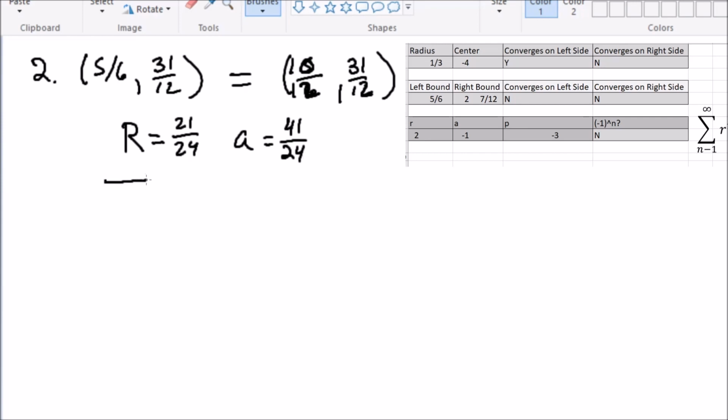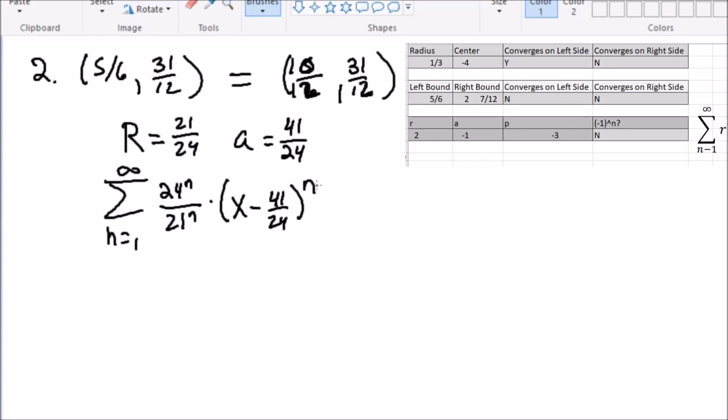Okay, so now my series is n equals 1 to infinity, 24 to the n over 21 to the n times (x minus 41 over 24) to the n.